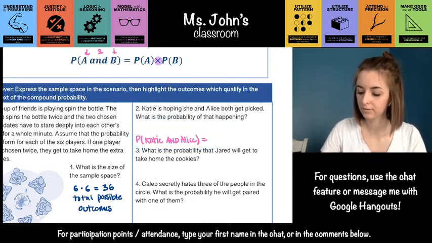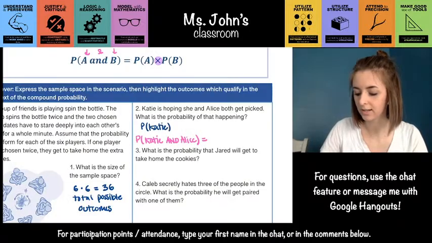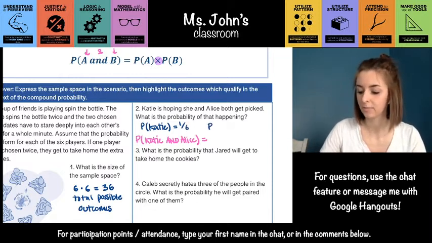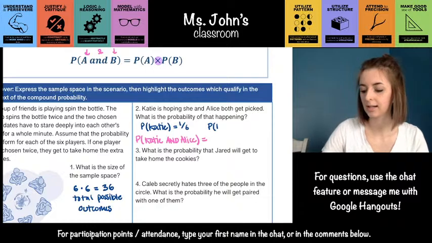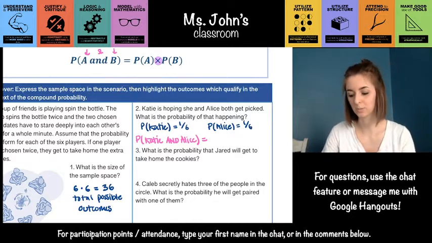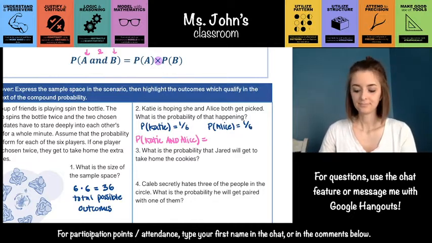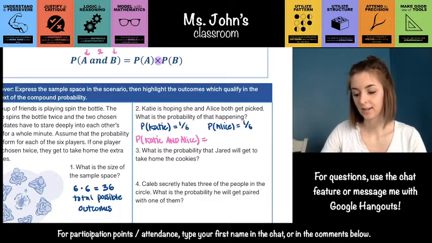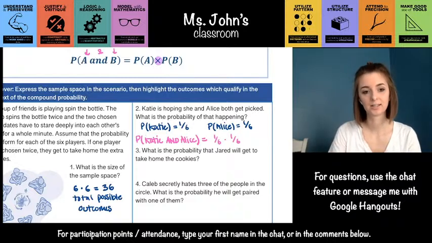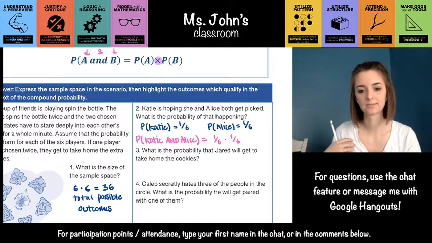So we're going to do this. The probability of Katie, she is one person out of 6 total people who can be chosen. Then the probability of Alice is going to be the same because she's another person out of those 6 people. So the probability of Katie and Alice getting chosen is going to be 1/6 times 1/6, because we're just multiplying the probability of Katie times the probability of Alice.